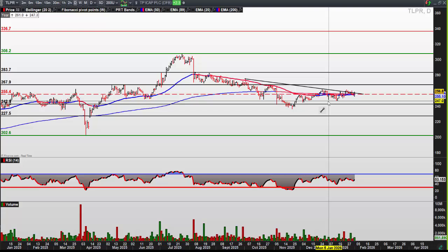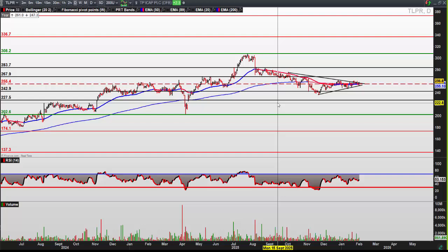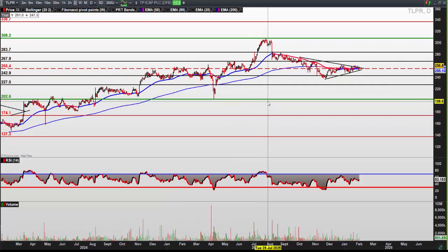So I want that to close above 260 at least on TPI cap before I get involved in that, but otherwise I think that can go right up to £3 plus, so I'm going to keep that one in the back pocket.